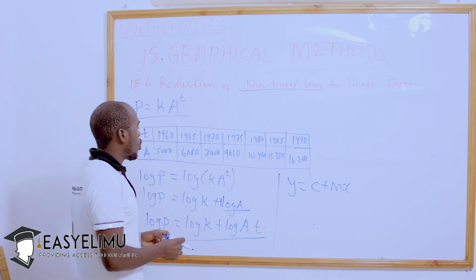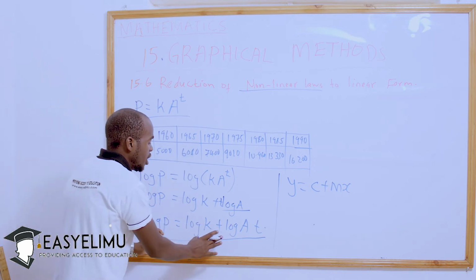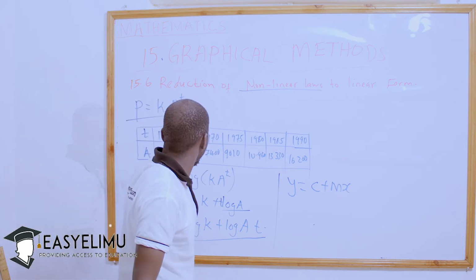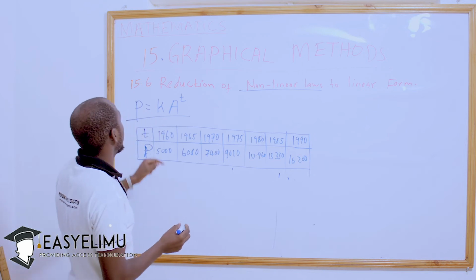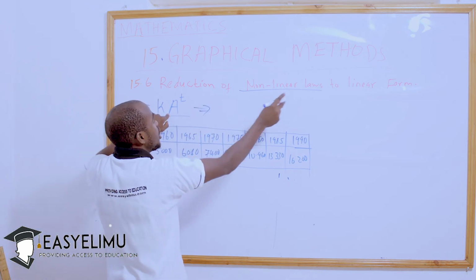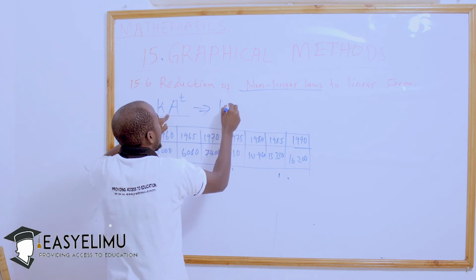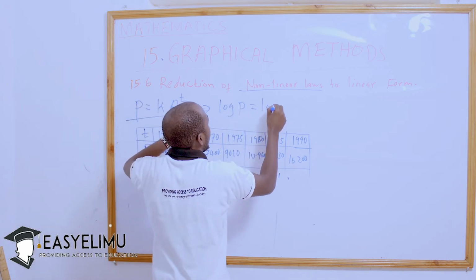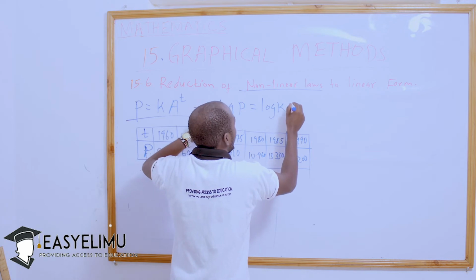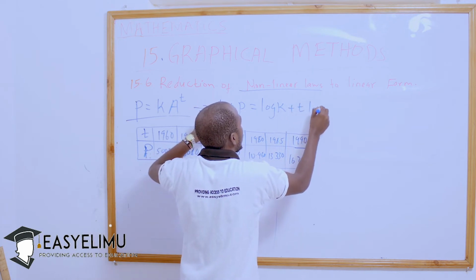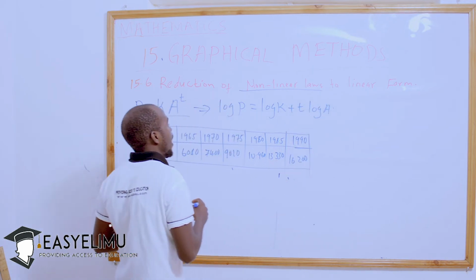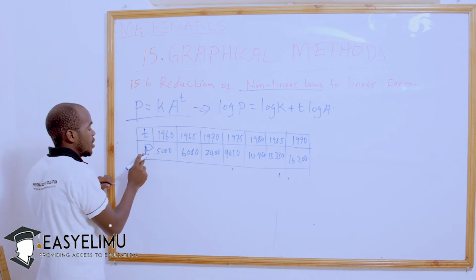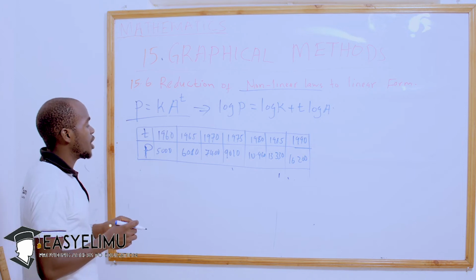So we need to convert this to linear form, and to do that we are going to introduce a table. If it is in linear form, it will be log P is equal to log K plus T log A. This one should not be A, it should be P, that's population.